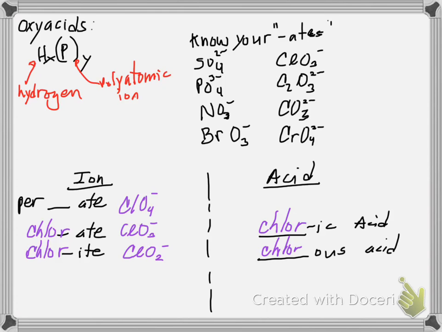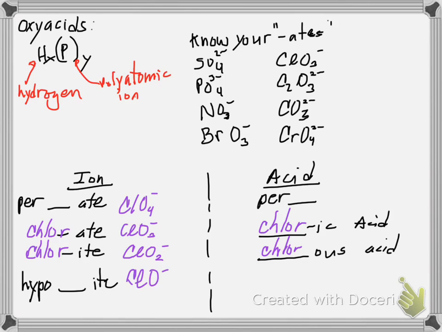And then you have two other cases. The first is where you have one additional oxygen above the -ate. In this case, chlorate with one additional oxygen would be ClO4-, and it would be perchlorate. That per is short for hyper, or above that.